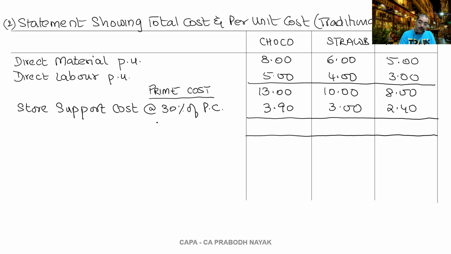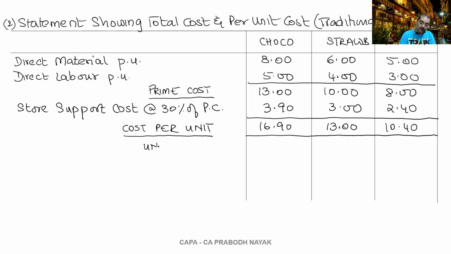This will give you the per unit cost: 16.9, 13, and 10.4.